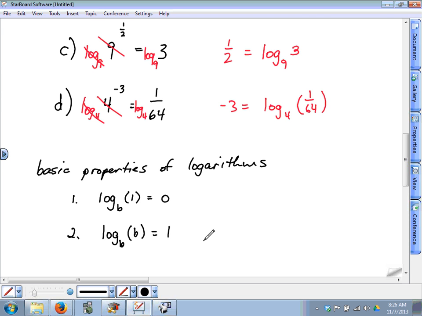Okay? Yeah. Wasn't the first property b to the 1 and b equals 1? Say that one more time. So if it was log base 1 of 1, would it equal 1? Log base 1 of 1. The base, I should have defined that earlier, the base of a logarithm has to be something other than 1. Because the base of a logarithm is analogous to the base of an exponential function, right?